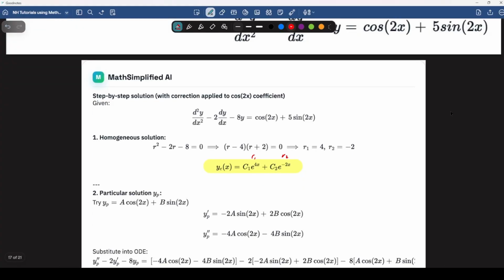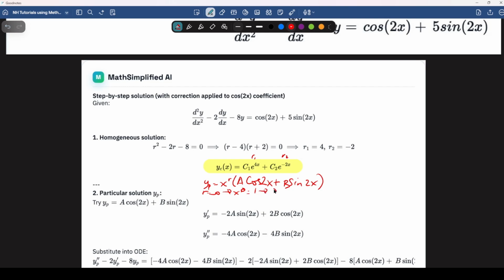So write down our first yp candidate: x to the power of r times a cos beta x plus b sin beta x, where beta equals 2. Starting from r equals 0 gives x to the power of 0 equals 1.